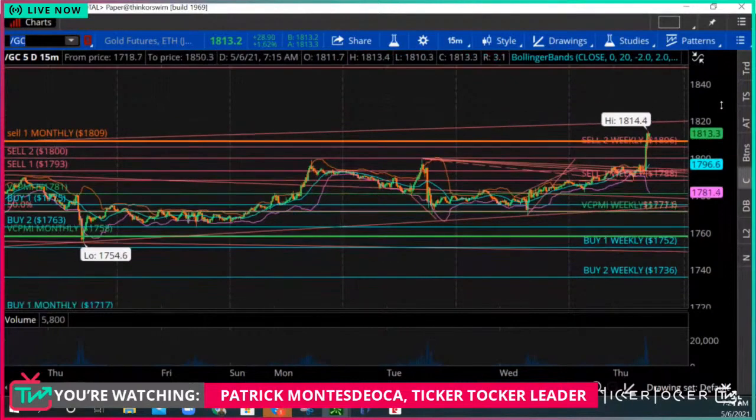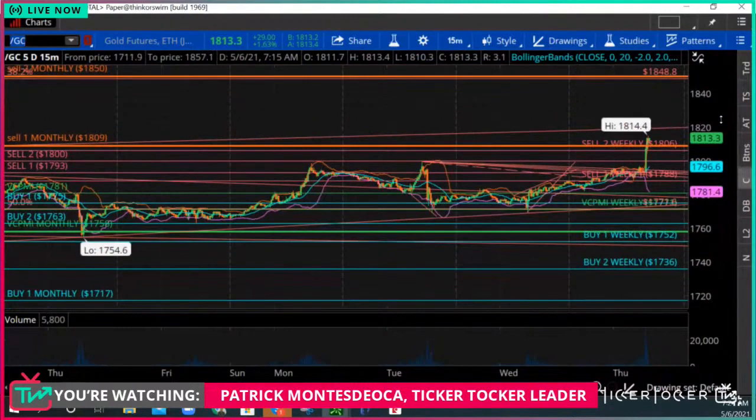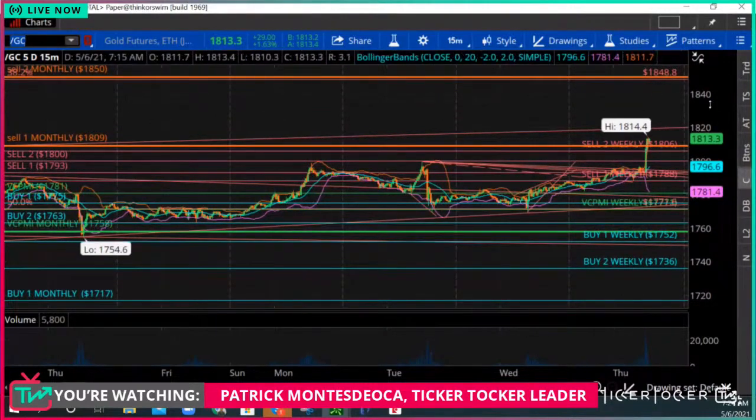We are just now beginning to see some adjustment based on the fundamentals that we've had. We've been hearing short squeeze in the silver market since February.